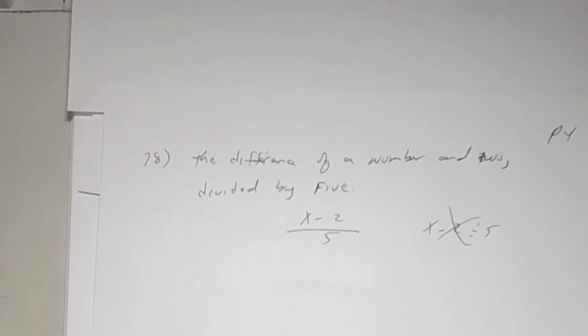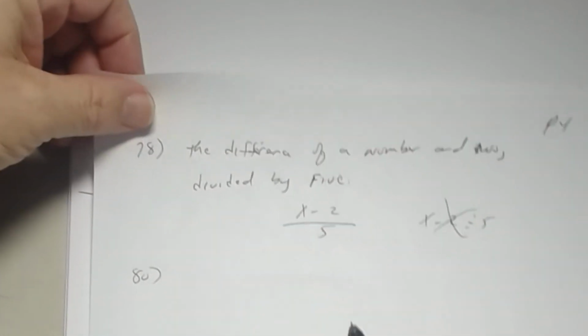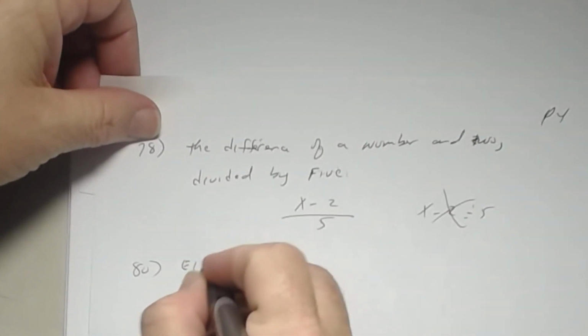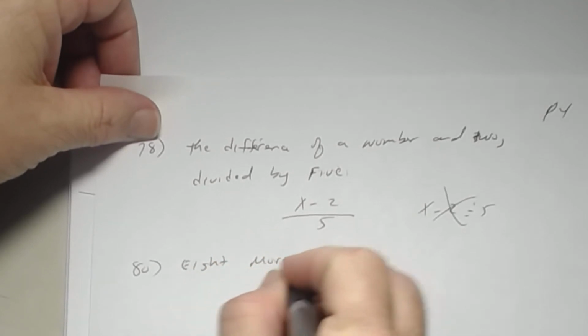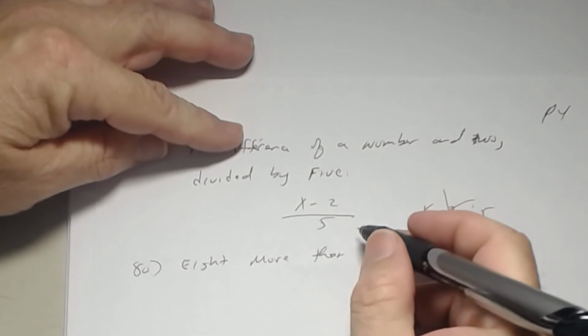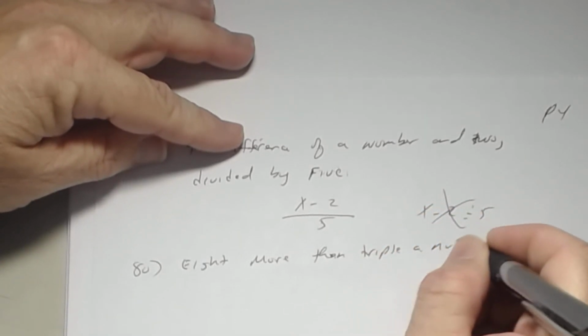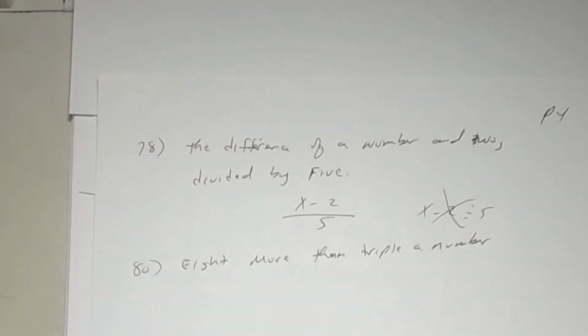Okay, let's look at 80. So 80 says 8 more than triple a number. So 8 more than triple a number. 3x plus 8.